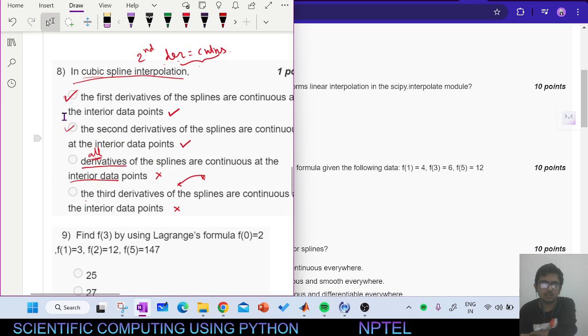In the exam, do we have MSQ or only MCQ? I'll have to ask and let you know next time, because I'm not part of NPTEL as such. But in this one, just for the sake of truth, all of us agree, right? The first two are correct and the next two are not.